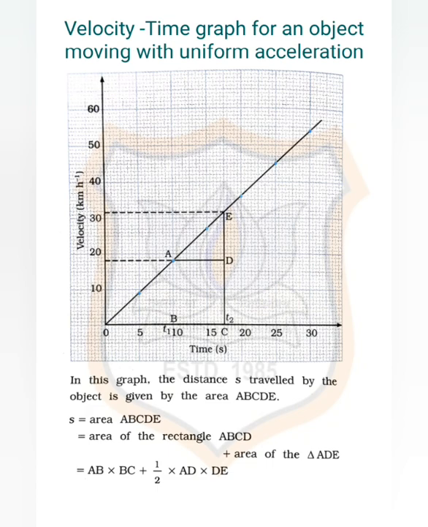Suppose a person sitting next to the driver records its velocity after every 5 seconds by noting the reading of the speedometer of the car, and thus we obtain a graph known as the velocity time graph for the motion of the car. So if we observe it carefully, the nature of the graph shows that velocity changes by equal amounts in equal intervals of time.